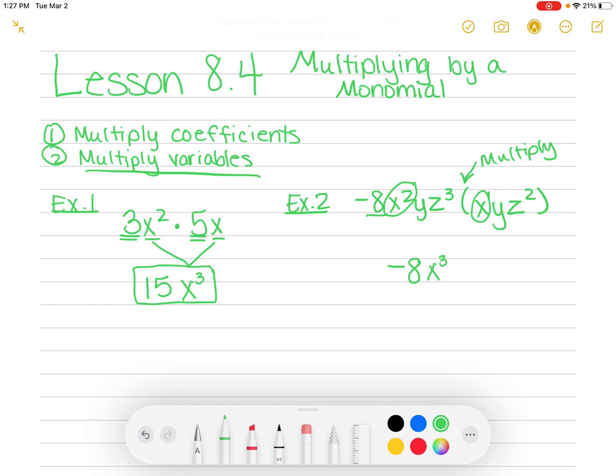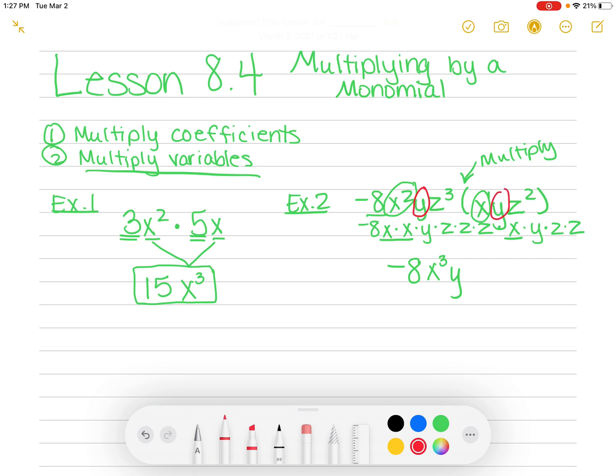If we were to go back in time and remember how we did this a long time ago, it would be like writing this out with no exponents. Remember, we did a lesson on exponents? If you look at this after I've written them all out, you'll see that we have 3 x's here. So that's x to the third power. And then when I do my y, I have a y here and a y here.